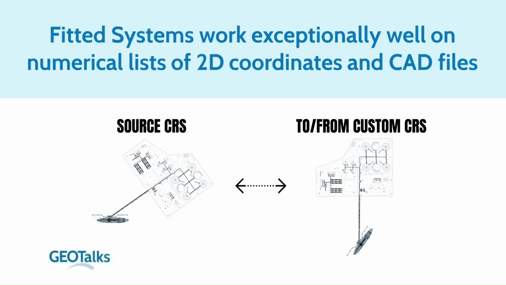Sometimes the projection is only accurate to that centimeter, decimeter level. But if you have the right data with the fitted system, that transformation is essentially at the millimeter, sub-millimeter level, thus eliminating any error in the coordinate conversion itself. That's why they're so useful for lists of 2D coordinates and CAD files.